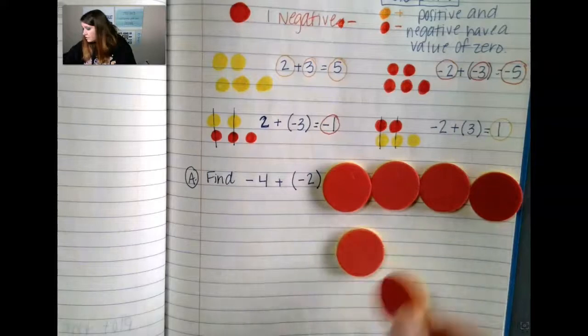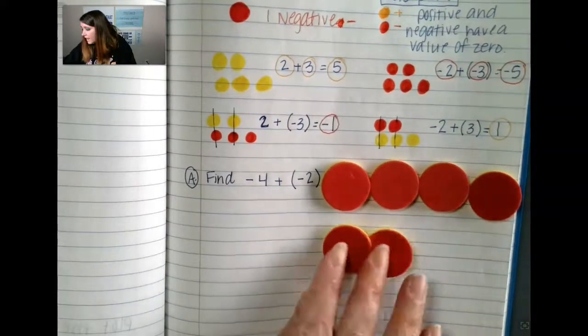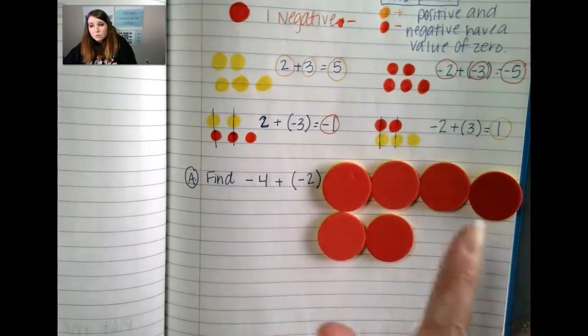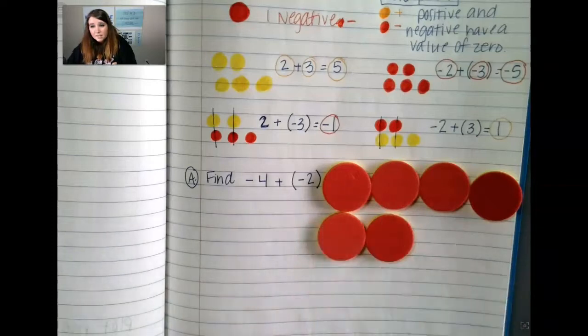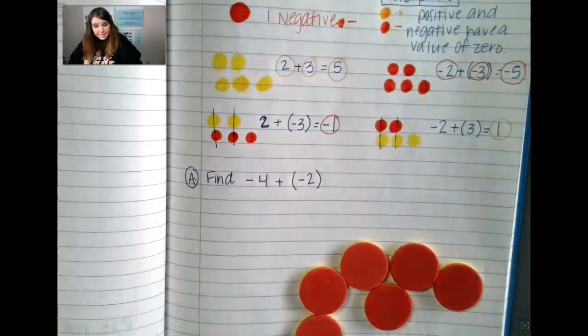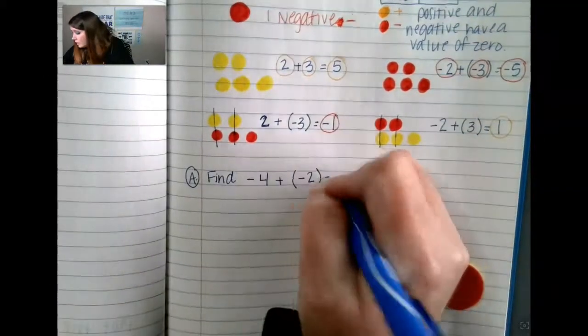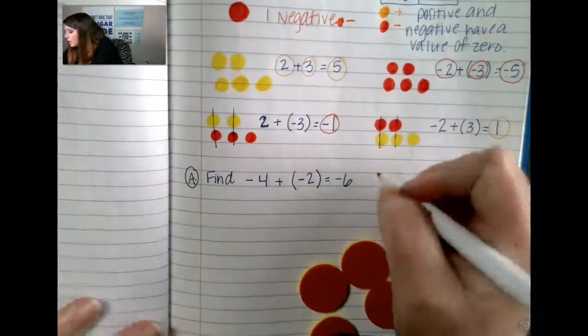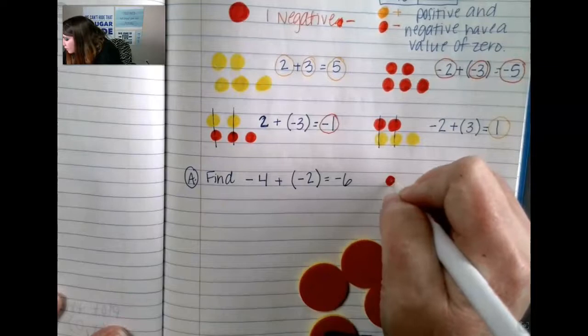So I'm going to add on 2 more reds for a grand total of, I have no 0 pairs, so I get 1, 2, 3, 4, 5, 6, or -6. So -4 plus -2 equals -6.